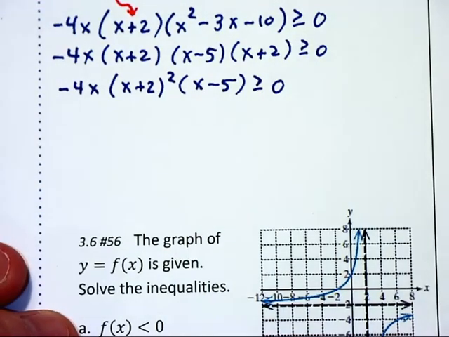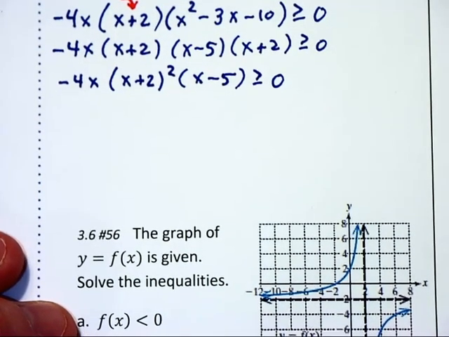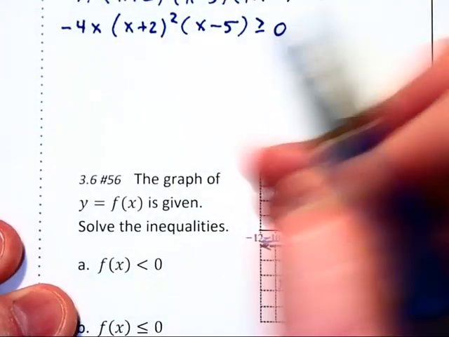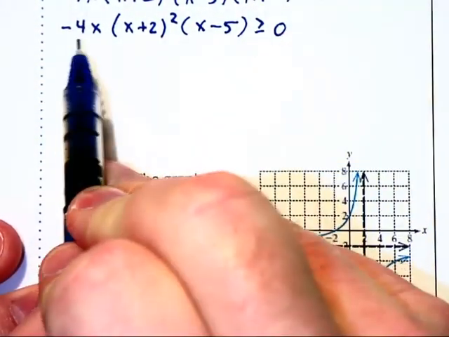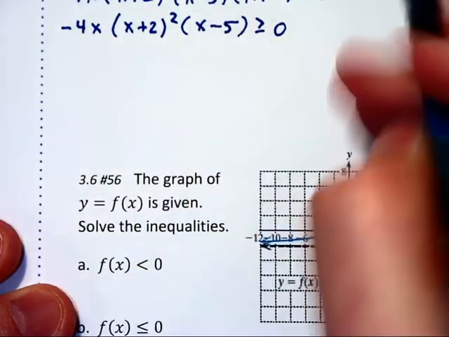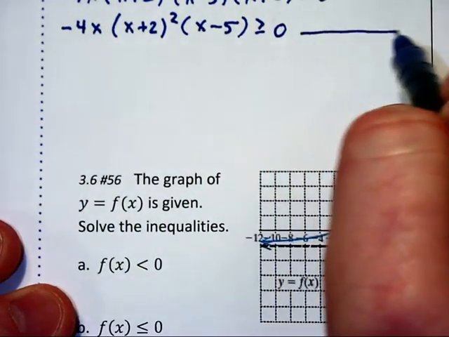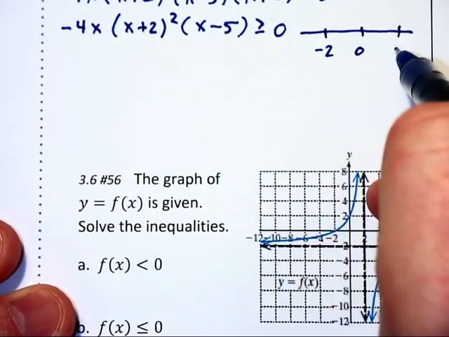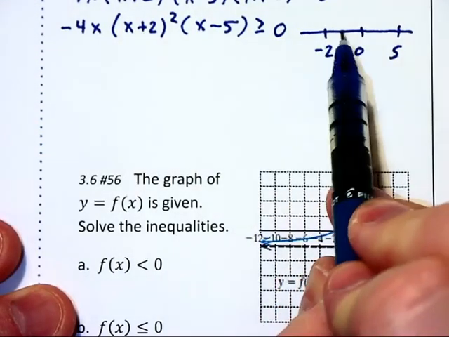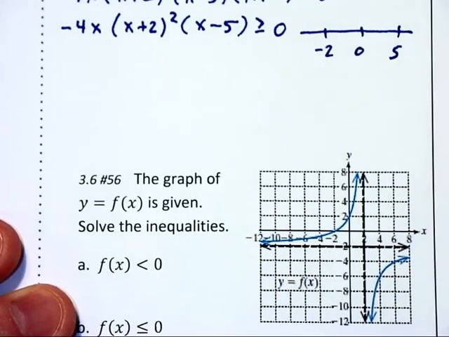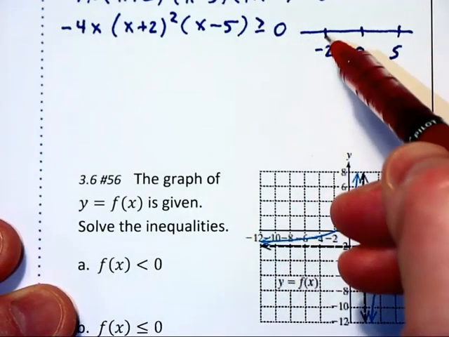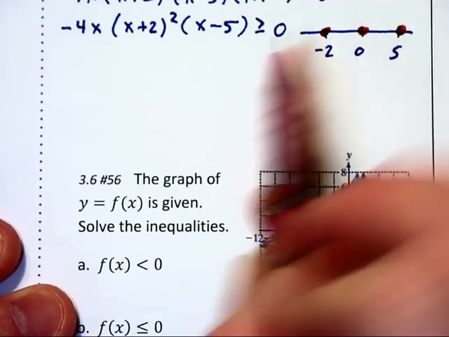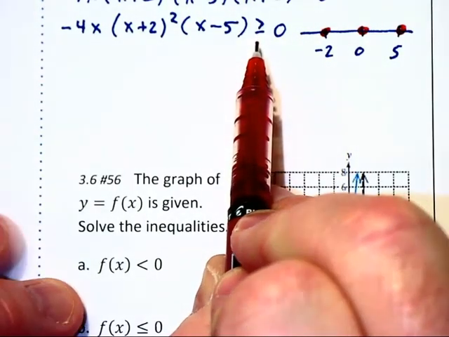Now, we are solving this inequality, and if this were an equation, we would have solutions at 0, negative 2, and 5. So let me draw that on a number line. Here's negative 2, 0, and 5, and we are interested in the intervals off on the far left, far right, etc. And we know that we're going to have solutions at these endpoints because that's where it's equal to, and that's included in our solution set.